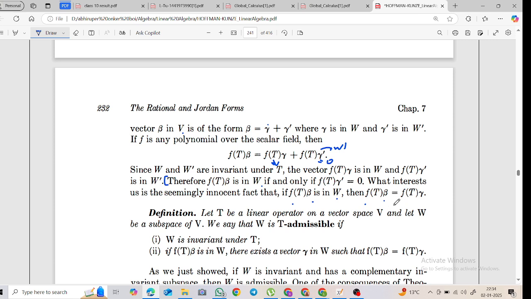Now, this may look like a very innocent fact, but actually what they are trying to say is that if f(T) beta is in W for some beta in V, then there exists a gamma in W such that f(T) beta is equal to f(T) gamma. Okay.